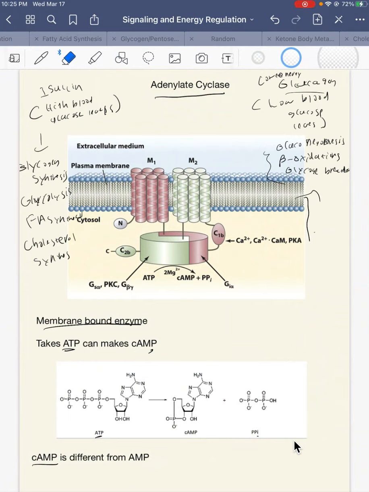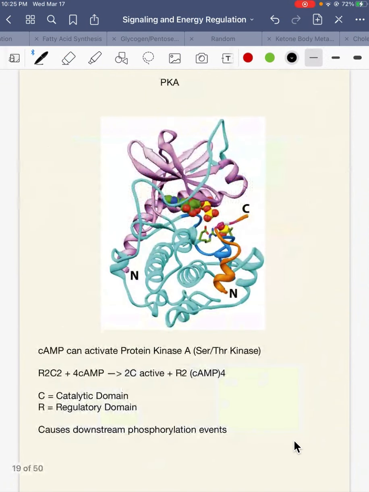Okay, so adenylate cyclase takes ATP and makes cyclic AMP. It has a magnesium ion, and then we lose a pyrophosphate. So once we make cyclic AMP, it can go and activate a protein called protein kinase A, which is a serine and threonine kinase. That means it's a kinase that phosphorylates these two residues.